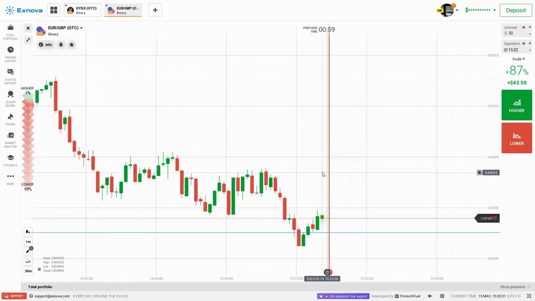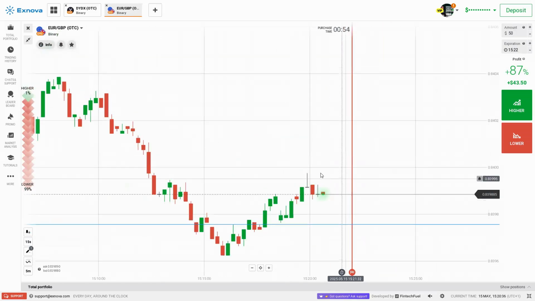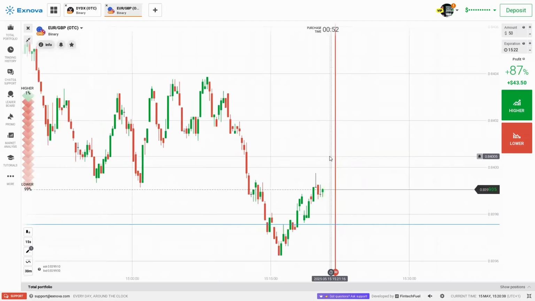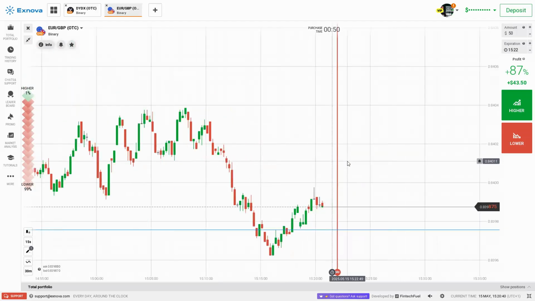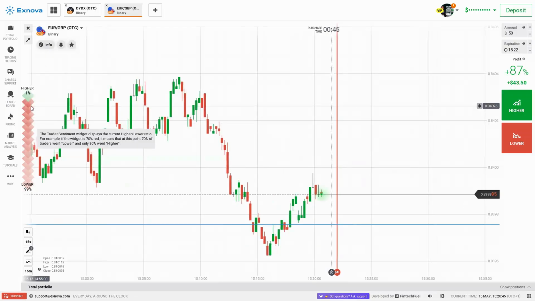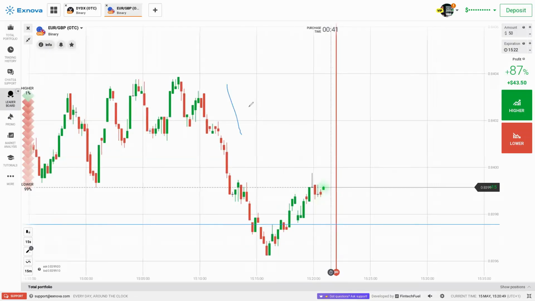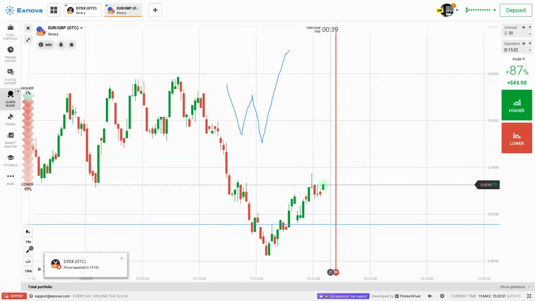Now for me to buy and get the best entry, I would want to refine the trade to the lower time frame and see how the market is moving. I would like to see something like this. Remember when I taught you guys this pattern?